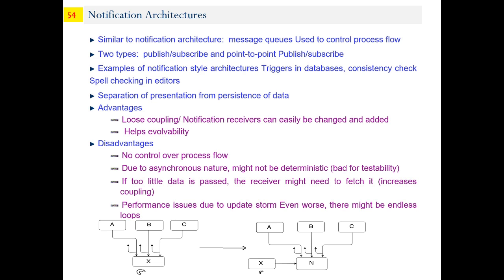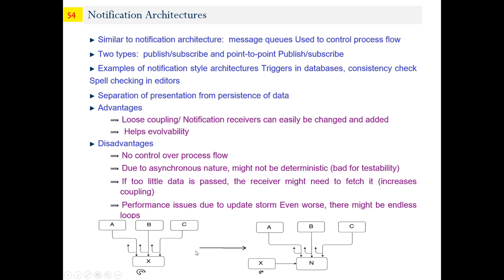Similar to notification architectures, we can have message queues. You can have publish subscribes or point-to-point publish subscribes. The disadvantages: no control over process flow, and performance may be hampered due to the asynchronous nature, because whenever you have asynchronous flow, you are waiting for the request-response cycle to happen.